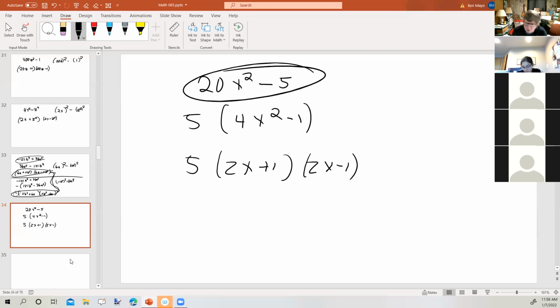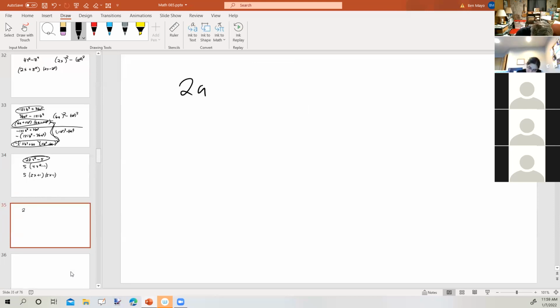So in its current form, it's not the difference of two squares, but you always want to look for a greatest common factor first before you consider what's left, okay? We all right there? How about this one? 2a squared minus 200b squared. Is this the difference of two squares?